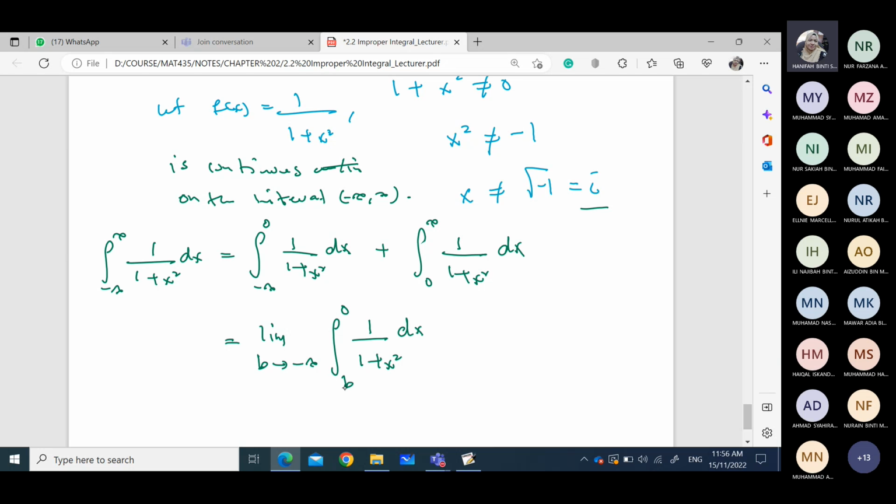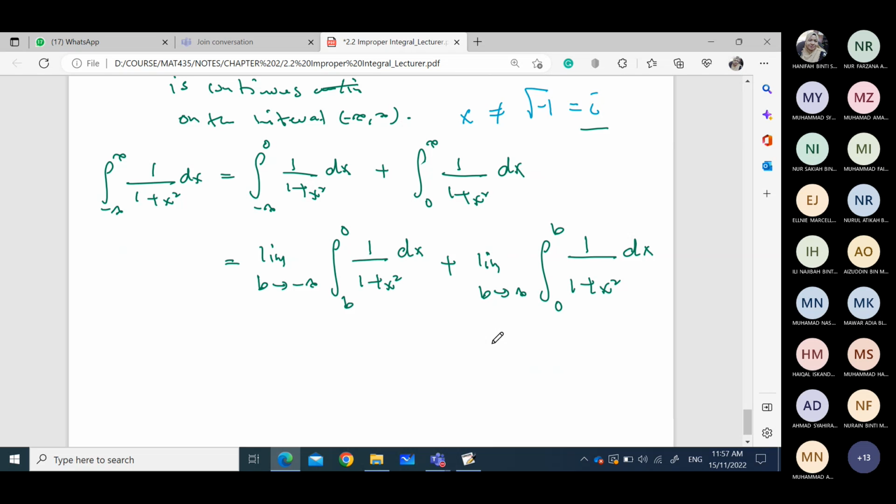Plus the second term, which is the limit as b approaches infinity for the integral of 1/(1 plus x squared) dx, where x is from 0 to b.